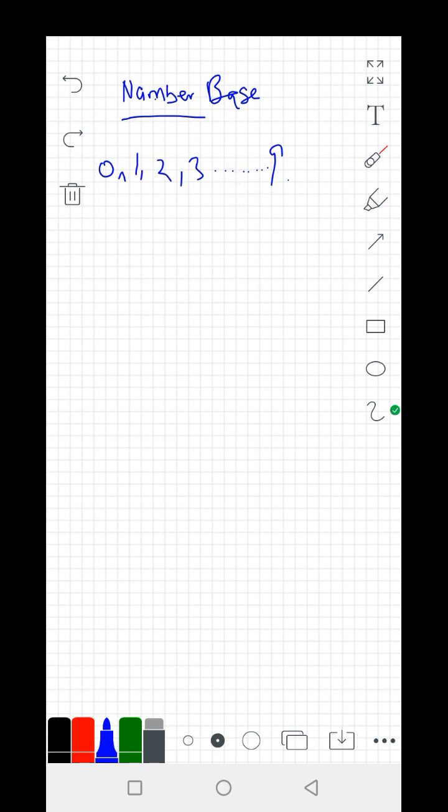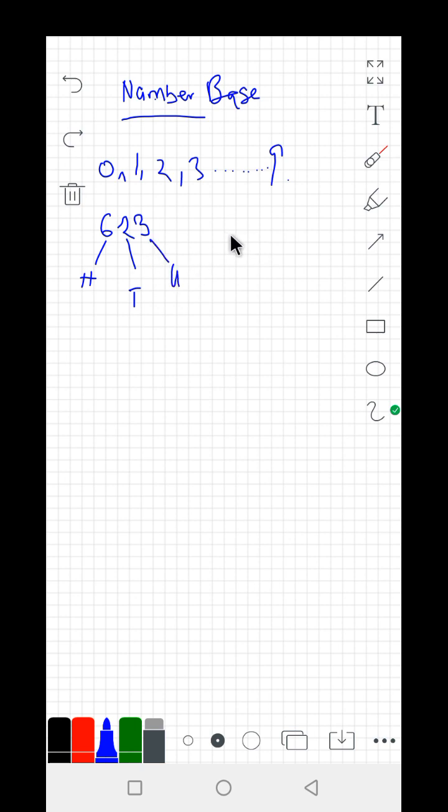Example, if we have the number 623, 6 is in the hundreds, 2 is in the tens, and 3 is in the units.